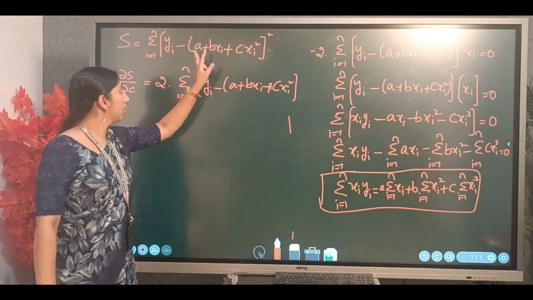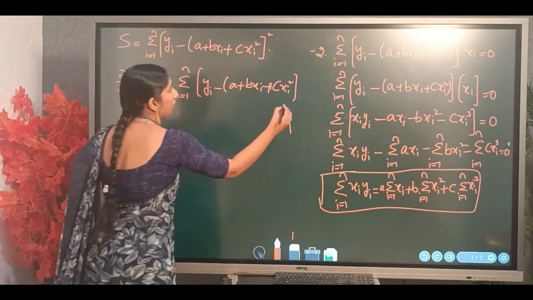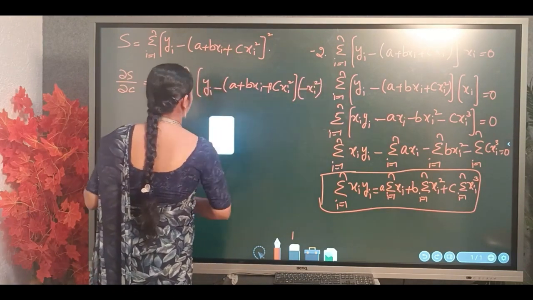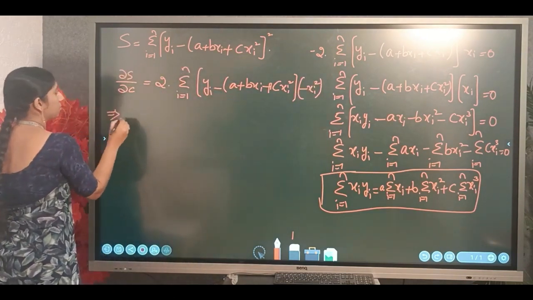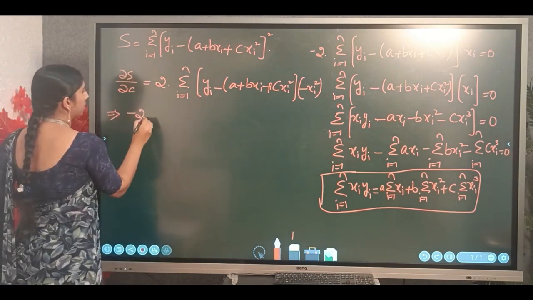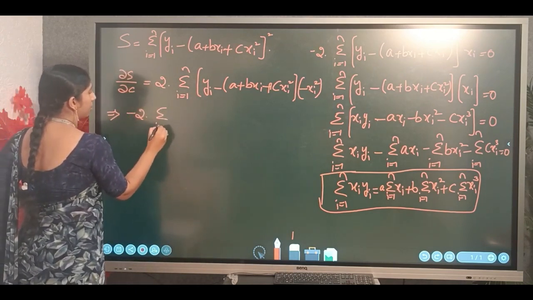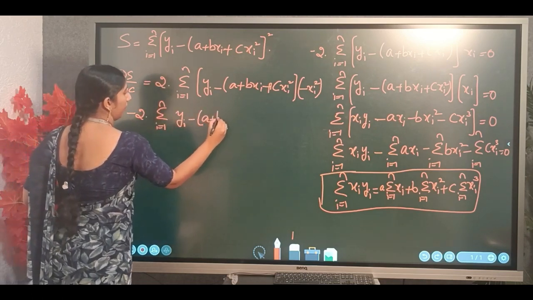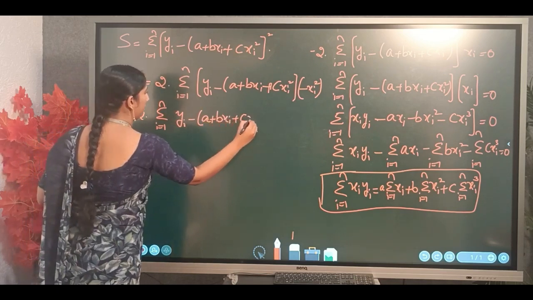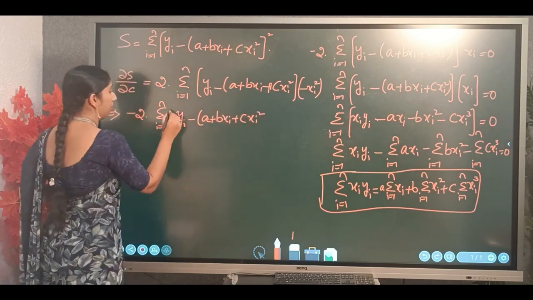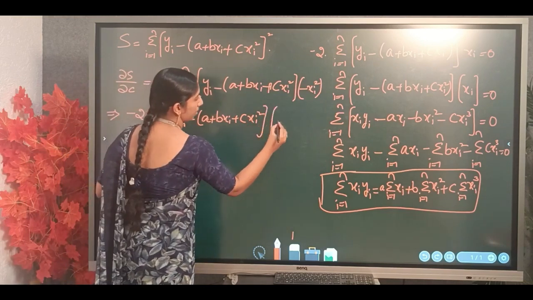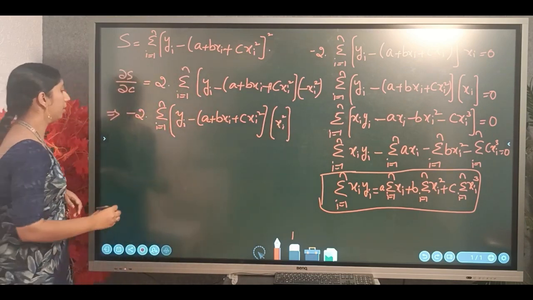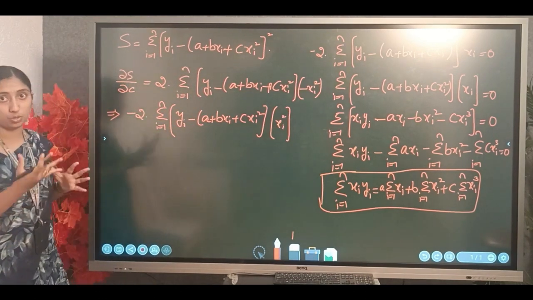Here there is a c term. So minus into plus, minus, what do we have there? Minus xi². So for this, we place the minus on this side: minus 2 into summation i = 1 to n of (yi − (a + b xi + c xi²)) into, here there is a term, that is xi². Earlier we considered ∂S/∂a = 0 and ∂S/∂b = 0.